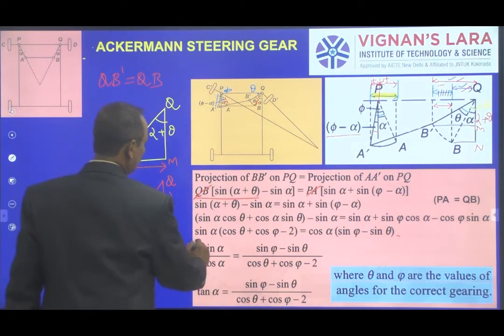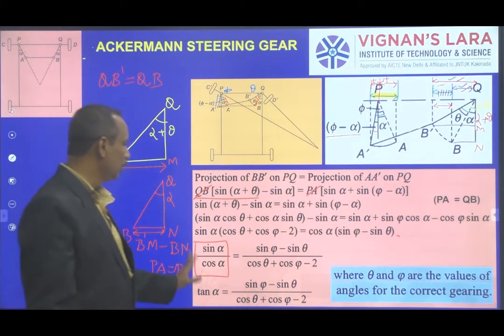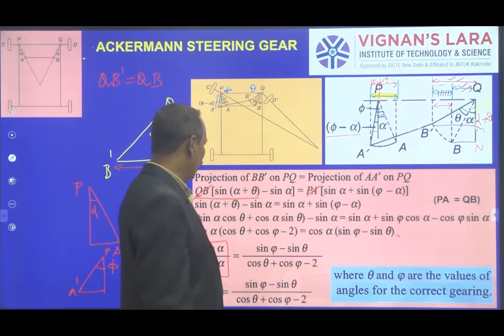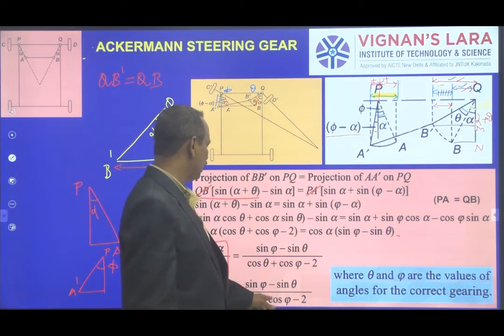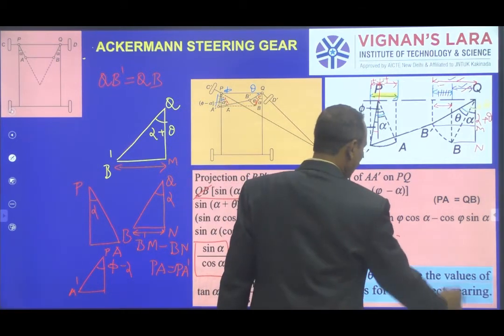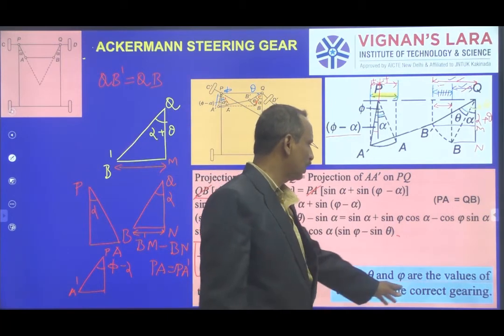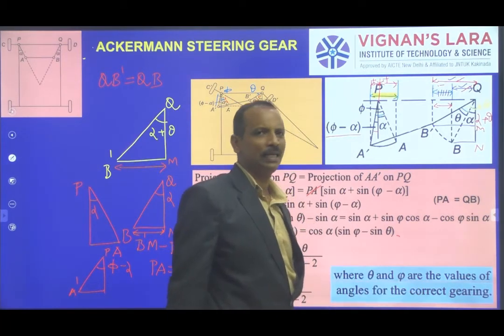So we know from basic trigonometry, sin alpha by cos alpha is equal to tan alpha. So tan alpha is equal to (sin phi minus sin theta) by (cos theta plus cos phi minus 2). And what are theta and phi? Theta and phi are the values of the angles for the correct steering gear.